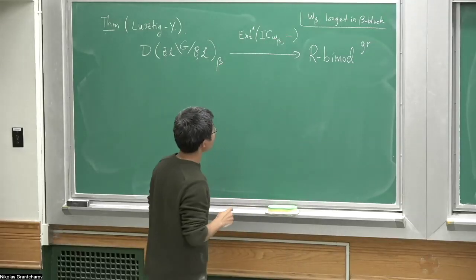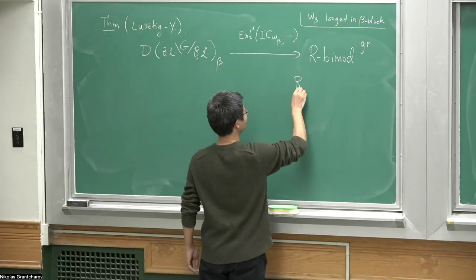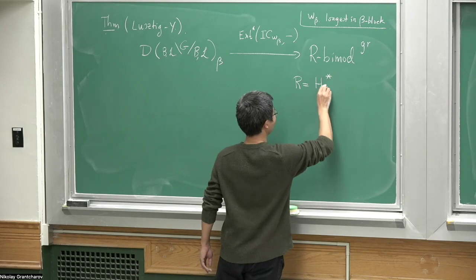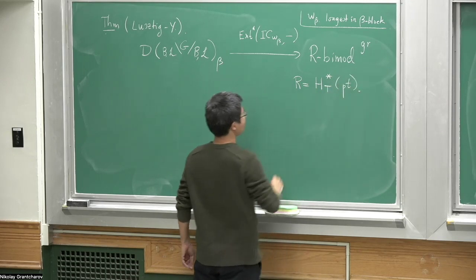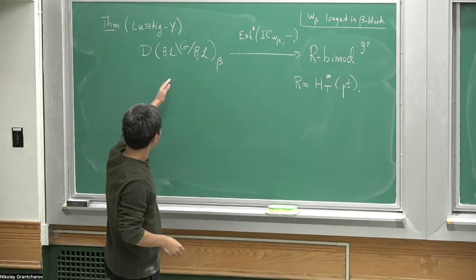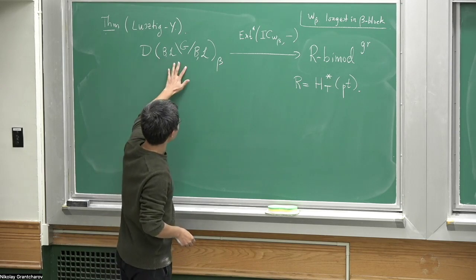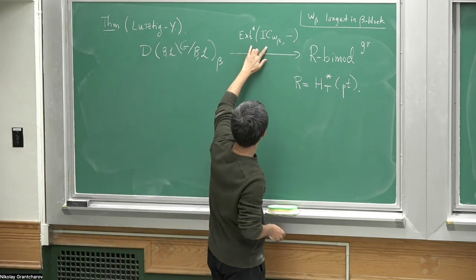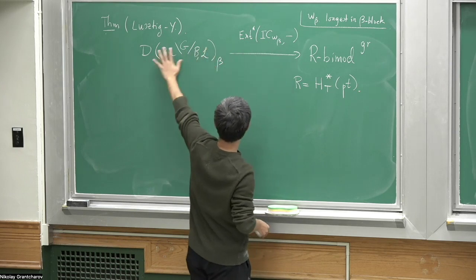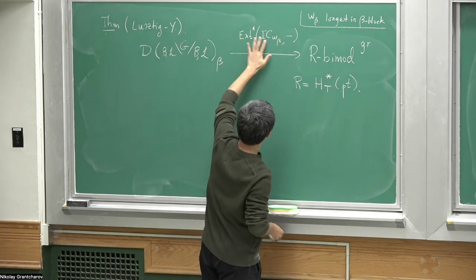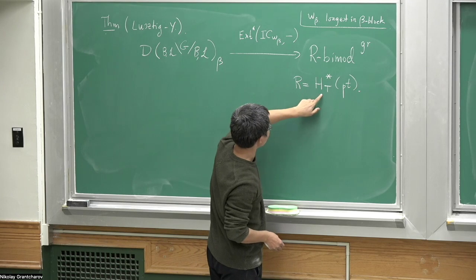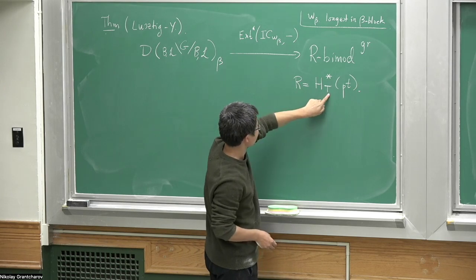Graded R bimodules. This R is still the same ring here. So I'm not taking equivariant cohomology, but I'm taking the Ext between two objects in this category. That Ext still carries the module structure under this equivariant.